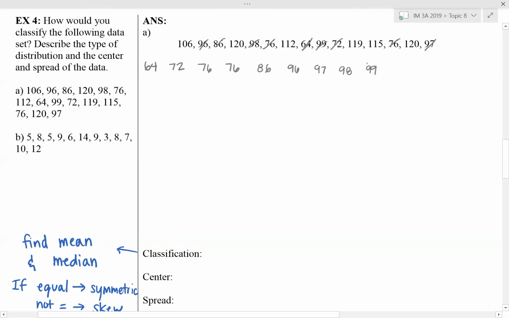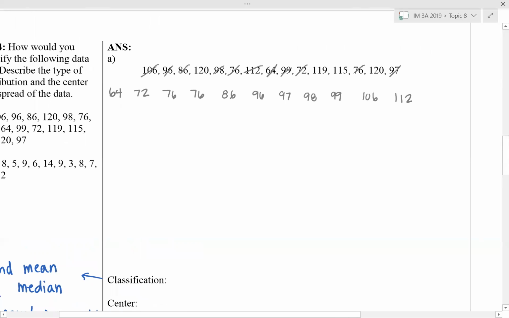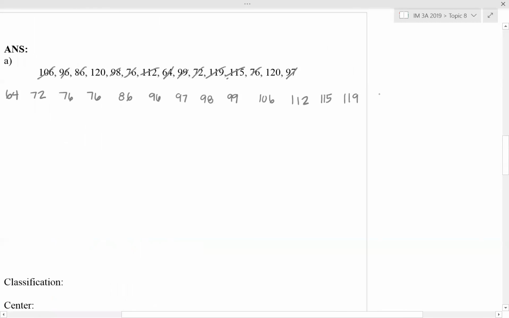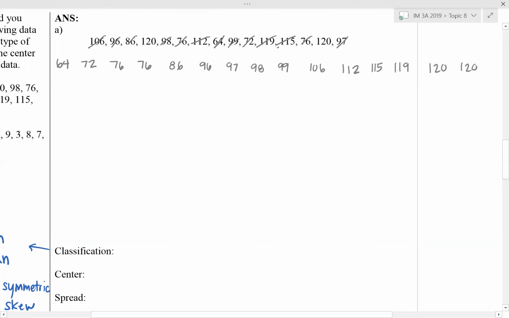I'm crossing them off as I go to make sure that I don't miss anything. Ooh, I did these a little too far apart. 115, 119, and then two 120s. Okay, so that's my data set.